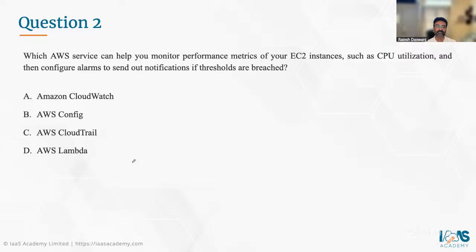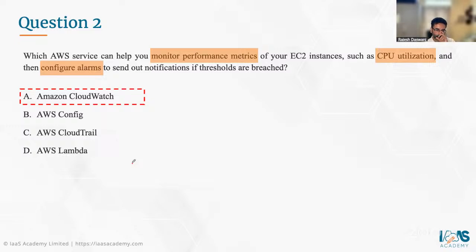So let's take a look at the keywords here. You want to monitor performance metrics, things like CPU utilization. The tool that helps you achieve that is going to be CloudWatch. Remember, CloudWatch allows you to monitor performance metrics like CPU utilization and configure alarms. Config allows you to monitor changes in the configuration of your resources and have rules to perform remediation actions or identify misconfigurations.